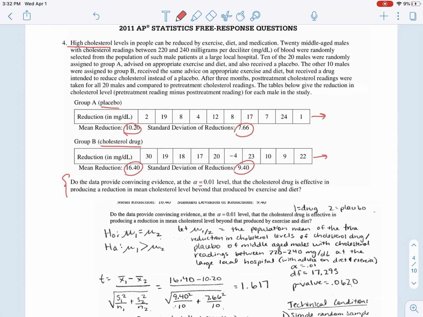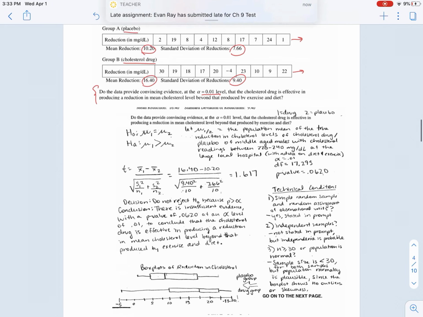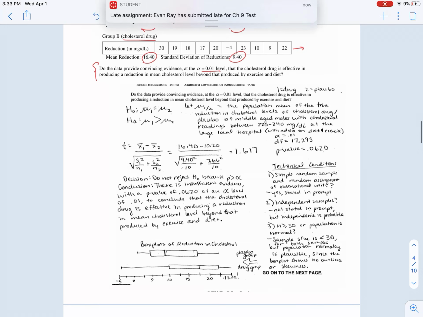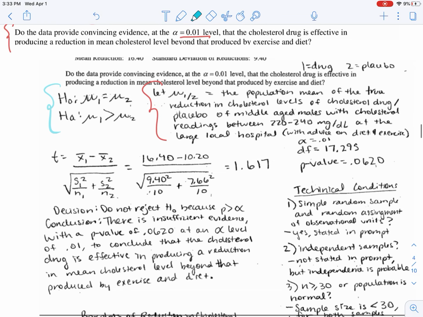Is there convincing evidence at the 1% level? So this person received full credit, and you would have about 15 minutes to answer a question like this. They defined their variables. Important things are hypotheses. It does say, is it effective in reduction? So that's why this is one-sided and it's a greater than symbol.